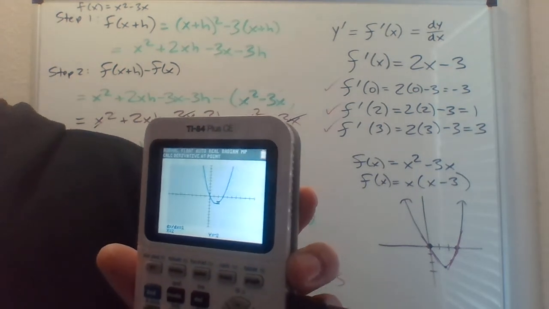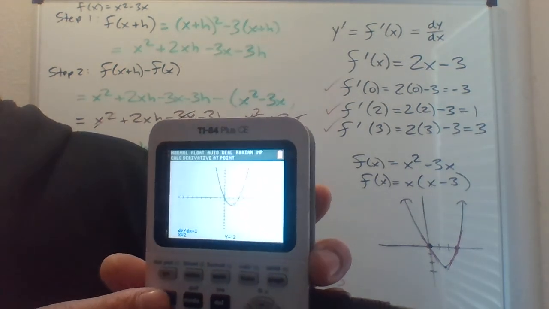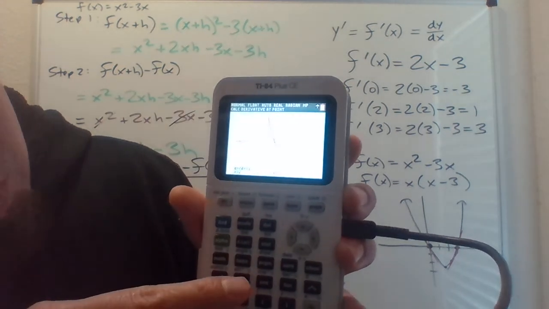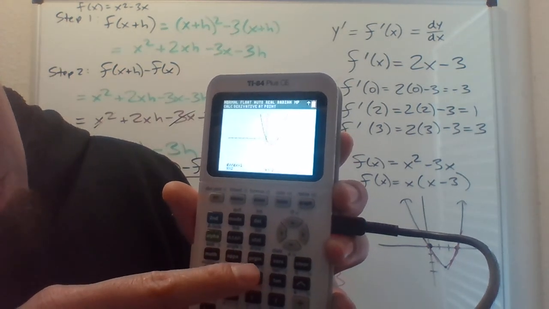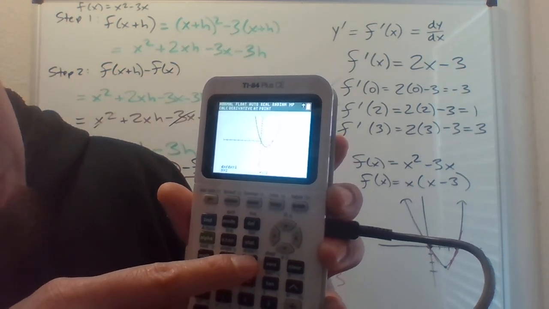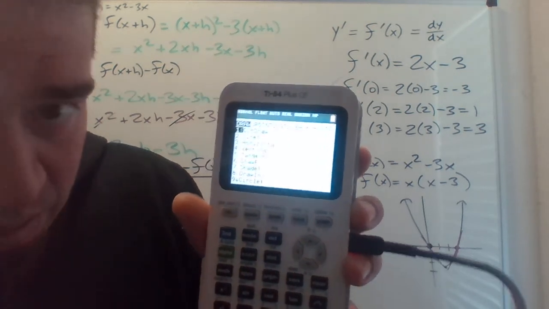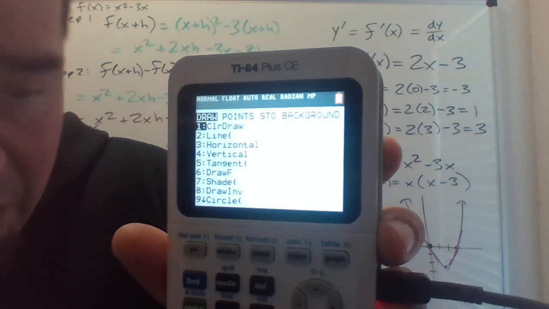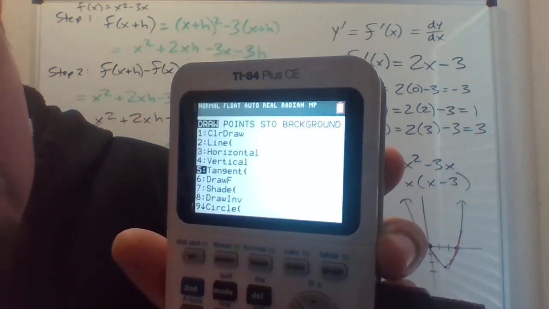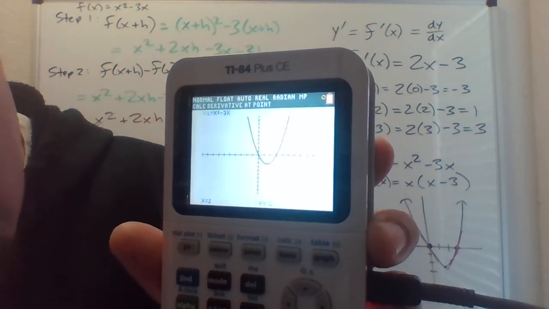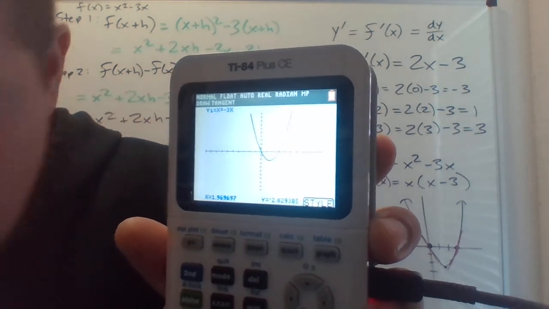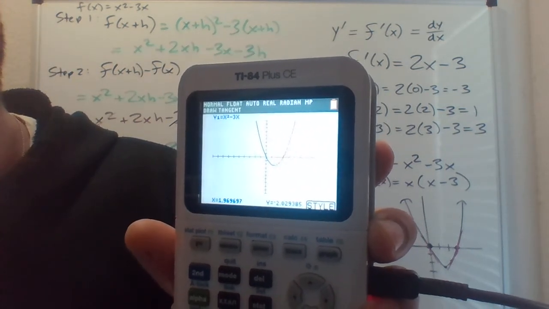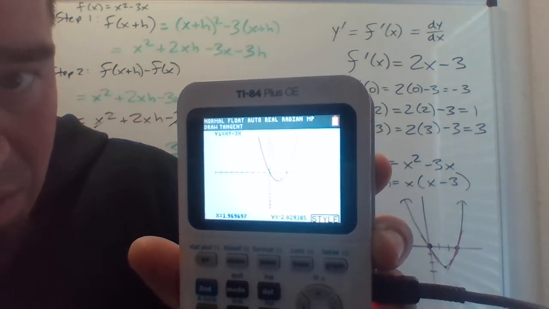So you have to go to draw, which means you're going to have to push second, and then draw is right below the stat button, or it's the program button. Okay. And then if you see the options, there's number 5, the tangent. You could also push number 5. And I can ask it for the tangent line at 2.